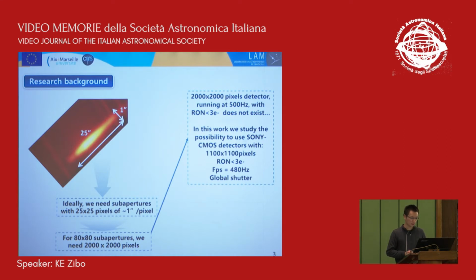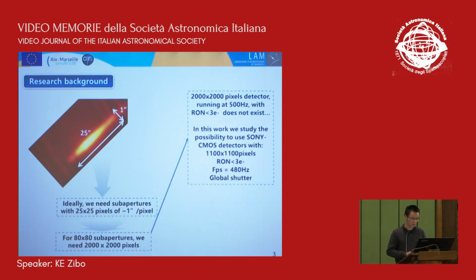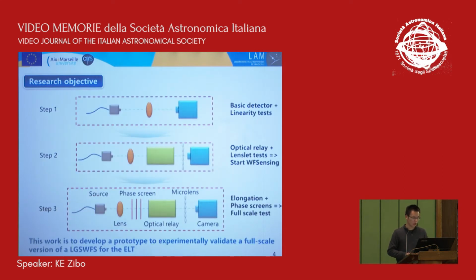So in this work, we study the possibility to use a Sony CMOS detector with 1100 by 1100 pixels, at the same readout noise, and the frequency is 480 Hz, and with a global shutter. In order to reach our goal, there are 3 steps. The first step is to configure an initial system.